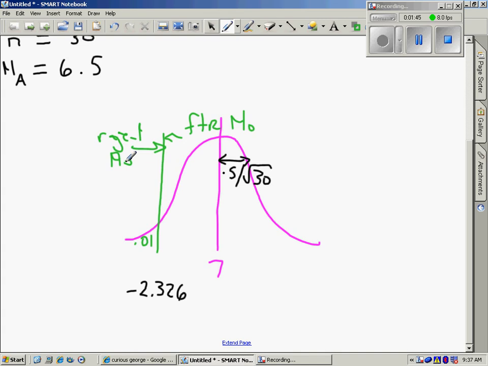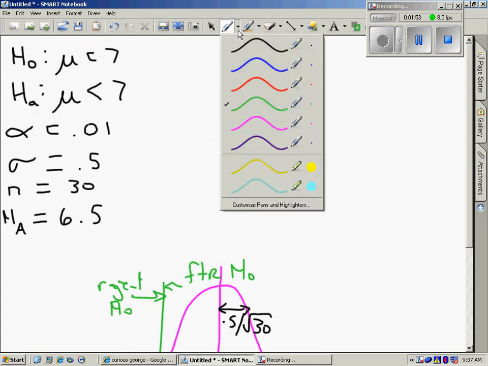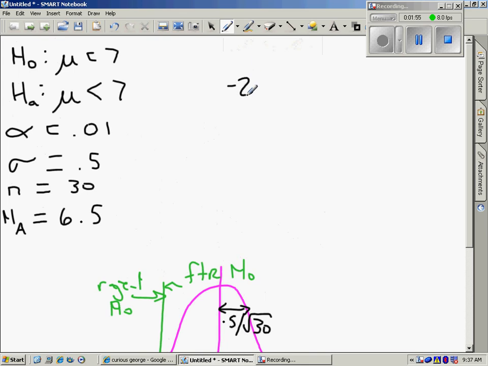All right, next thing I need to do is take that number that we got and unstandardize it to find the x bar. So I'm going to work that up here at the top so I have some room. Negative 2.326 is x bar minus 7 over 0.5 divided by the square root of 30.